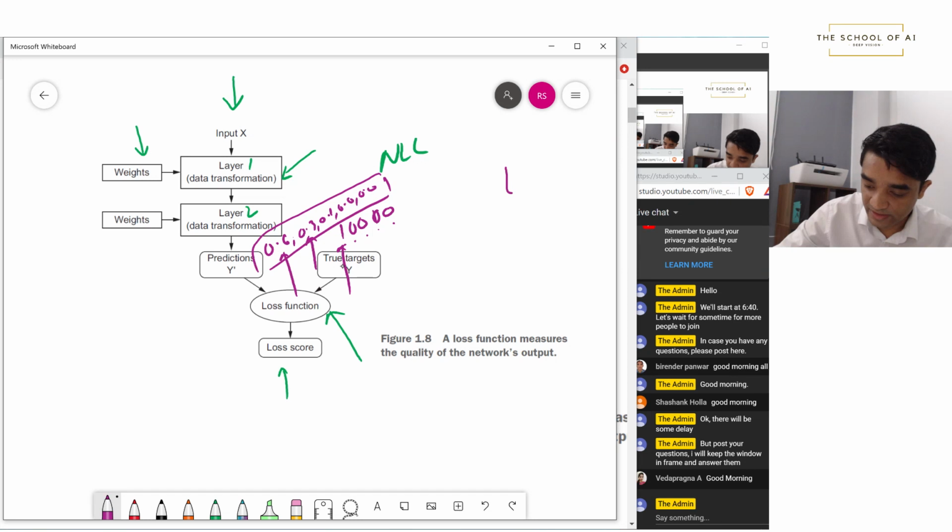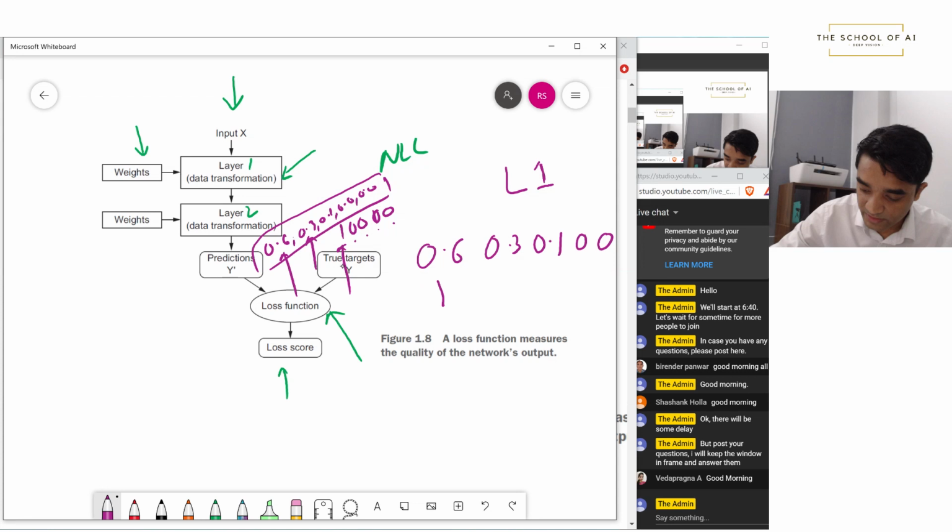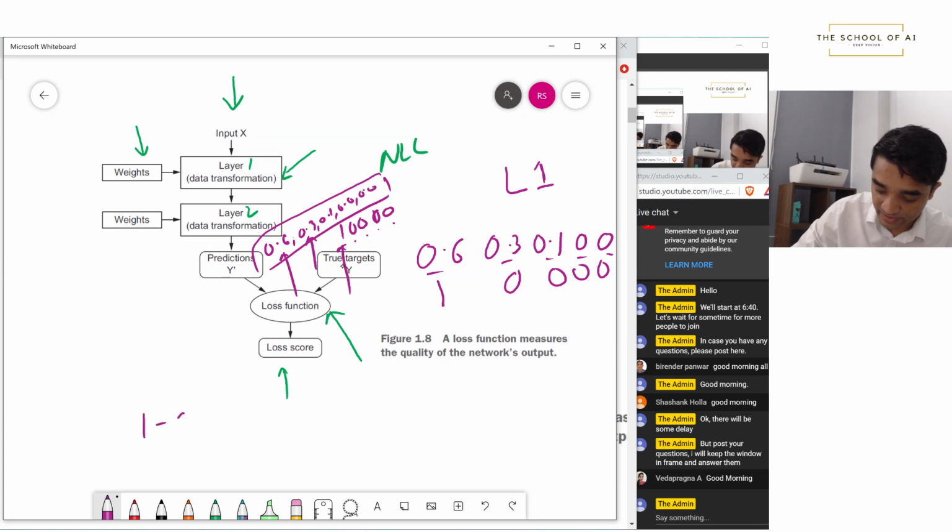Let's say we are just looking at the L1 loss. We have 0.6, and then 0.3, and then 0.1, and then 0 and 0. This is going to be compared with 1, 0, 0, 0, and 0. So we're going to compare 1 minus 0.6 whole square.